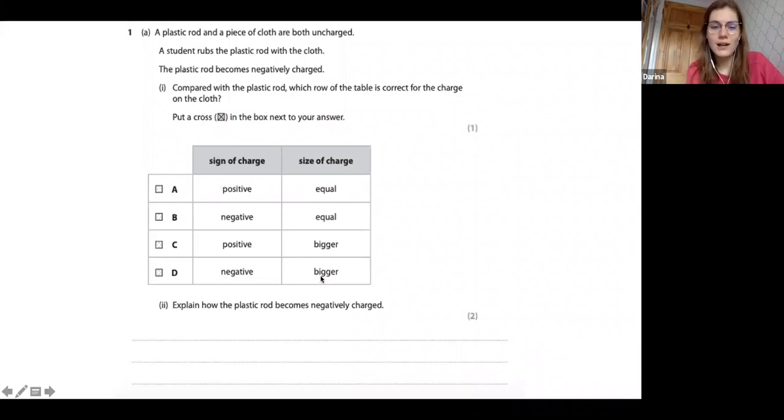Right, and then finally, part 2. Can you write out a sentence, including the buzzwords that we've talked about today, that explains how the plastic rod becomes negatively charged?